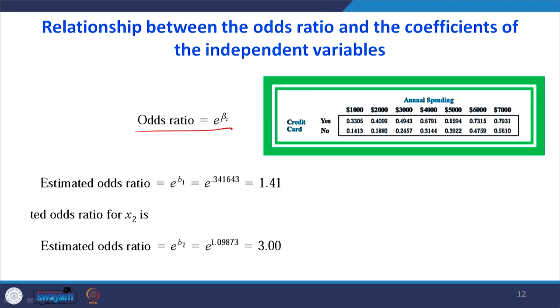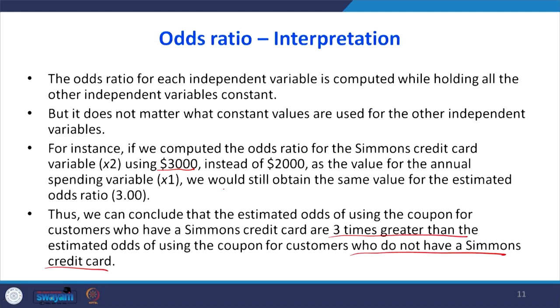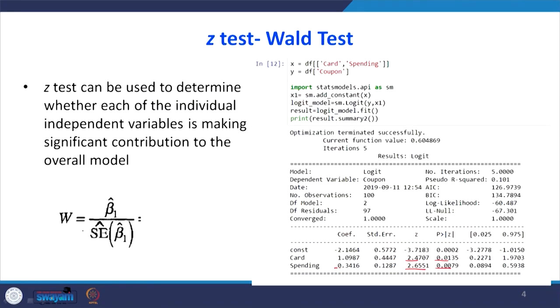The beta i is called the coefficient of independent variable. So if you want to know the estimated odds ratio for x1 variable, that is the amount spent, e to the power b1. In our equation b1 is 0.34, where we got this b1, I am going back to this one.